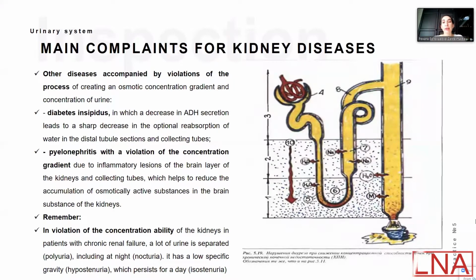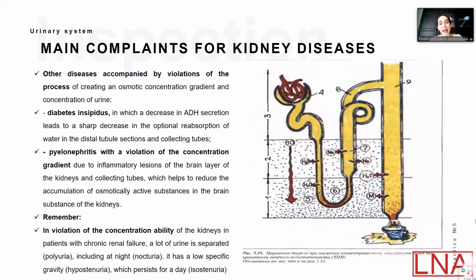What we have to remember is that in impairment of the concentration ability of the kidney in a patient with chronic renal disease, a lot of urine is separated. It's polyuria, including at its first initial stage, including at night, and we can call it nocturia or nycturia.